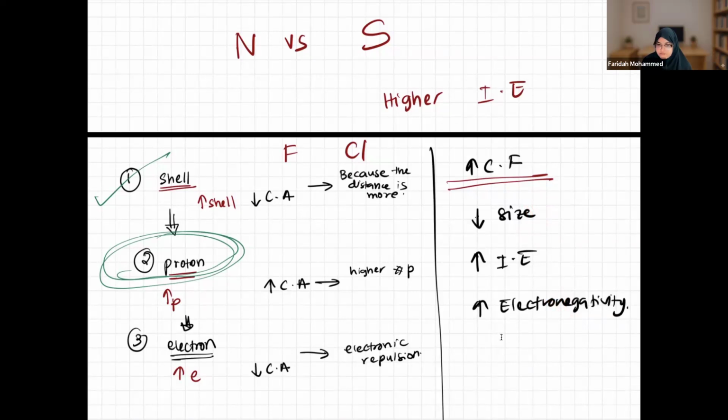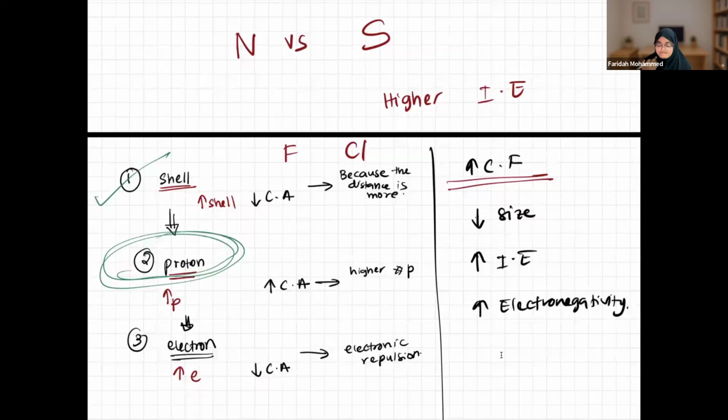Ning, you too. You cannot talk about the radius. Radius and size is another trend. You cannot explain one trend. If you want to talk about the distance, you say exactly that the distance between the nucleus and the valence shell, even though it doesn't make sense. Isn't that just the radius? That's just how they want.